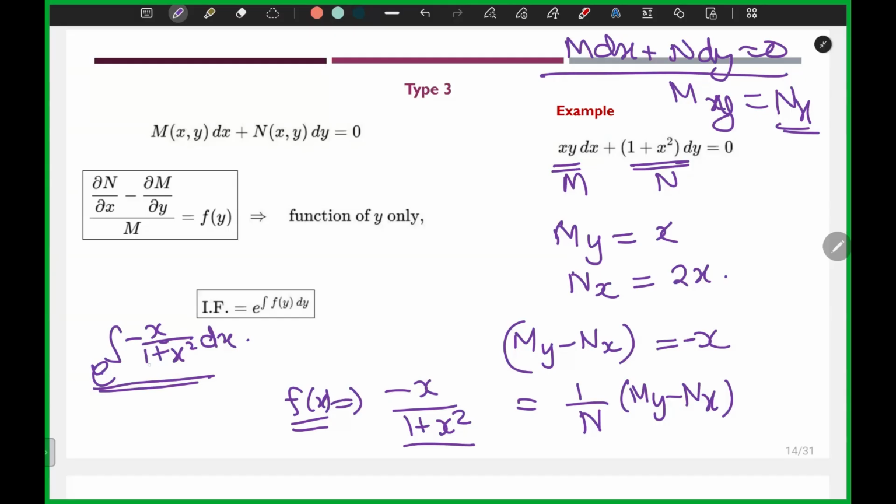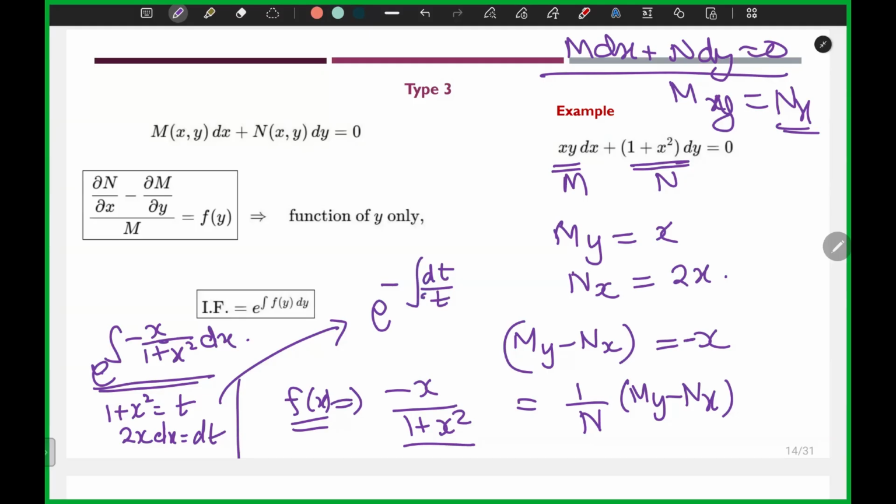You can make the substitution 1 plus x square equal to t, so 2x dx equals dt. Then it is e to the power minus half integral of dt by t, so minus half ln t, which is e to the power ln t to the power minus half.